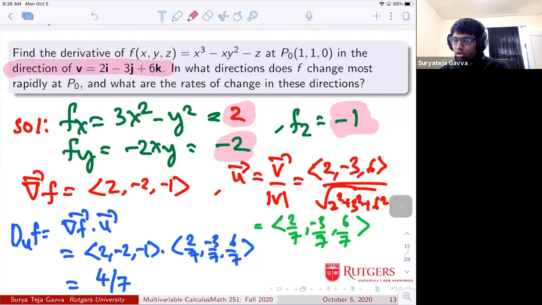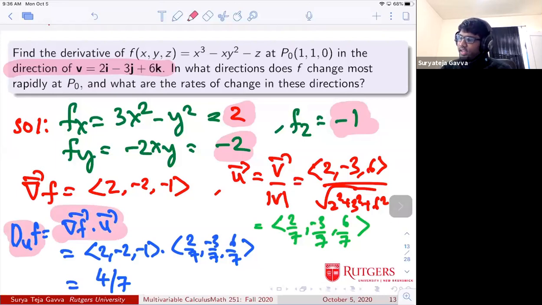You can always dot it with anything you want, but when we write directional derivative, we only care about the derivative along unit directions. So that's why we dot it with the unit directions.